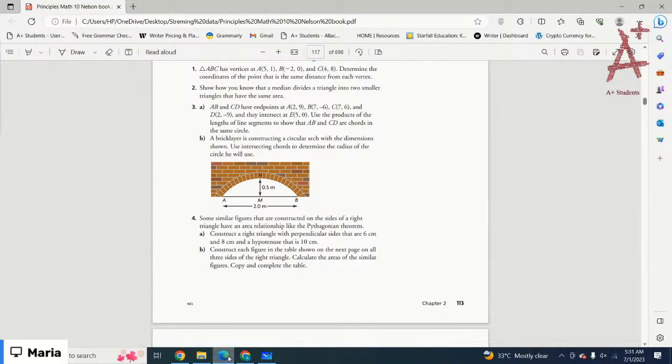Question number 4 is some similar figures.